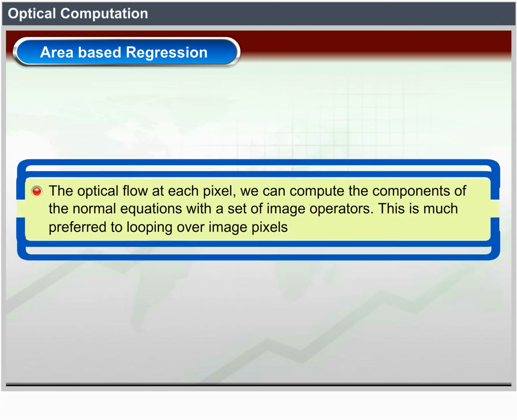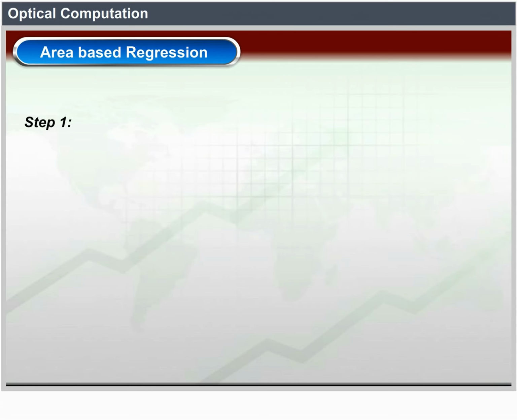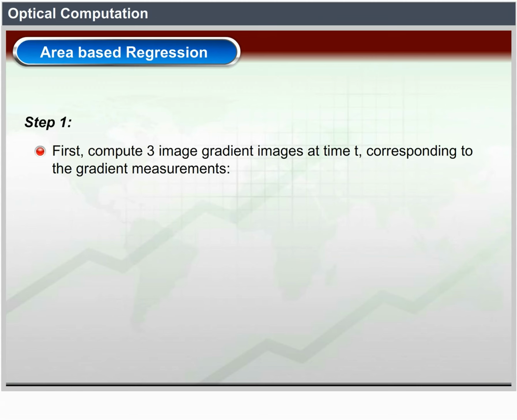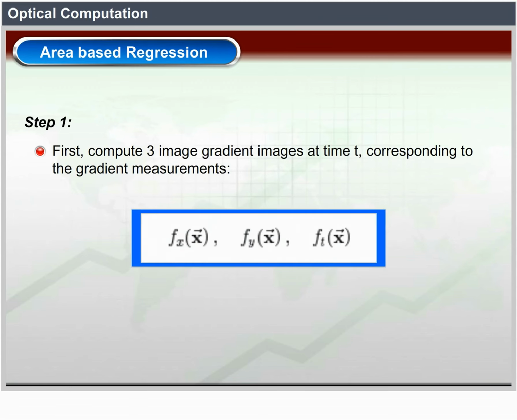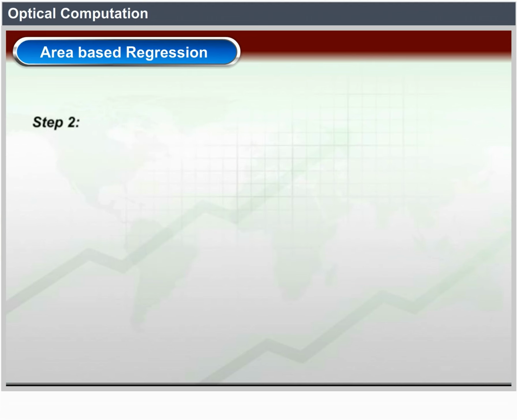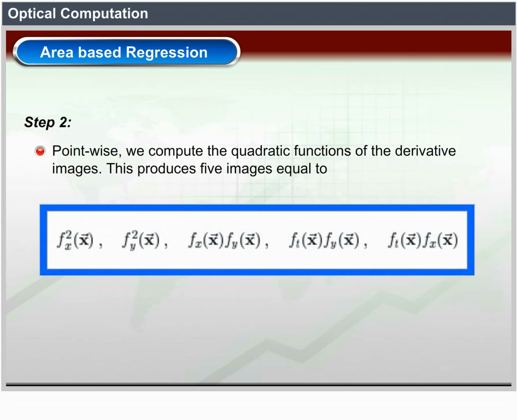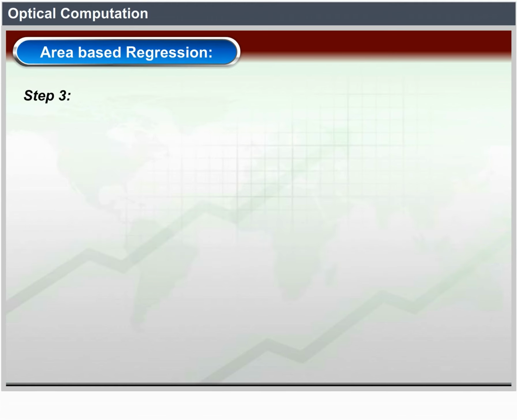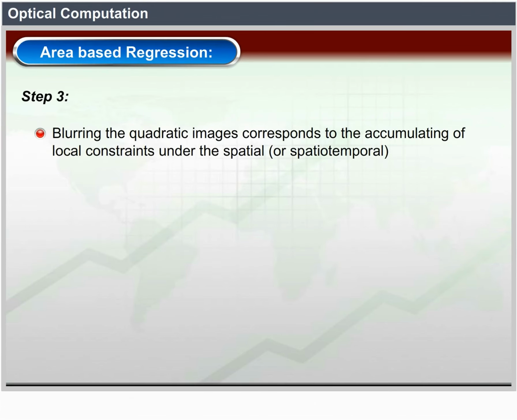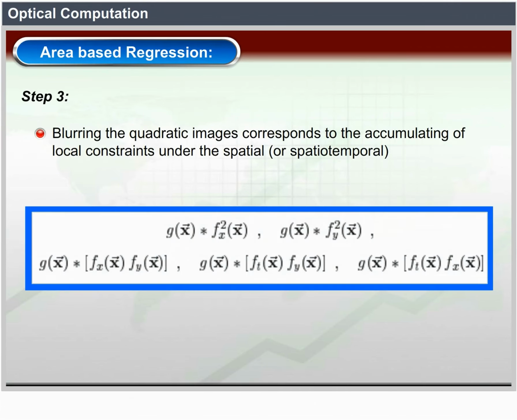Step 1. First compute 3 image gradients at time t corresponding to the gradient measurements. Step 2. Pointwise we can compute the quadratic functions of the derivative images. This produces 5 images equal to. Step 3. Blurring the quadratic images corresponds to the accumulation of local constraints under the spatial or spatiotemporal window.